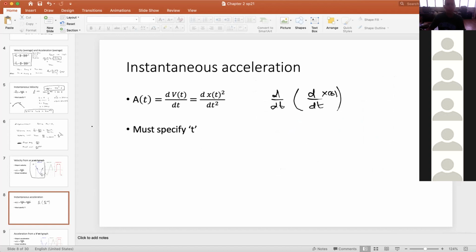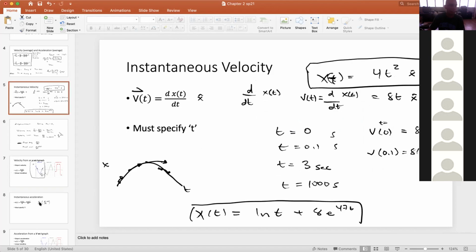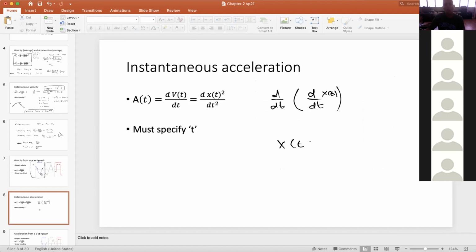What this means is we had back here our function x of t was equal to 4t squared, taking the first derivative, which is the velocity. We just move that forward, we get 8t, and then taking the second derivative, which is the acceleration, we get 8.